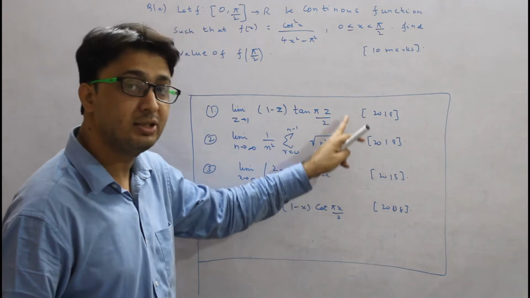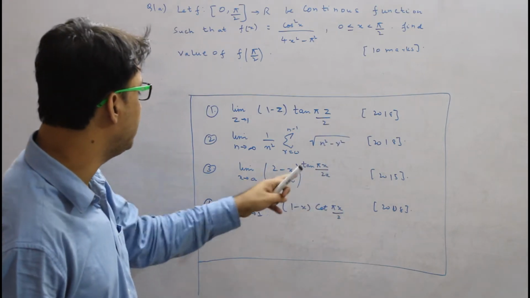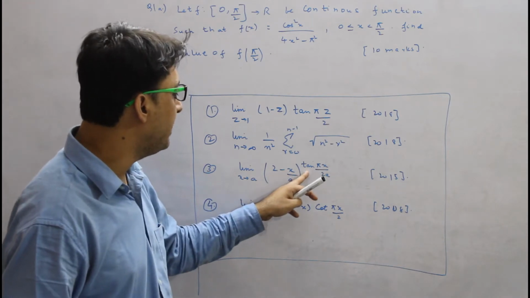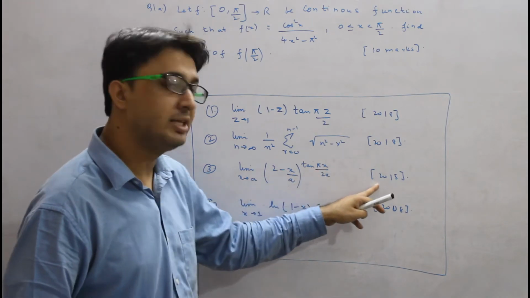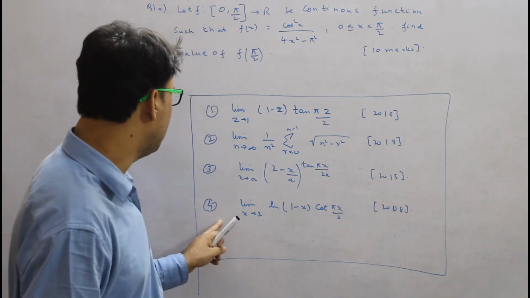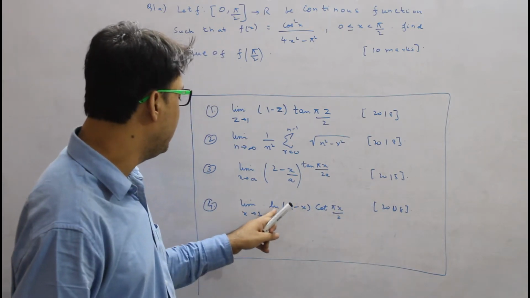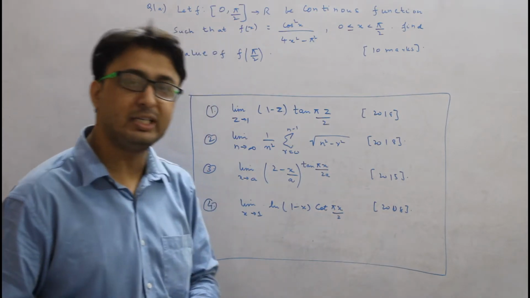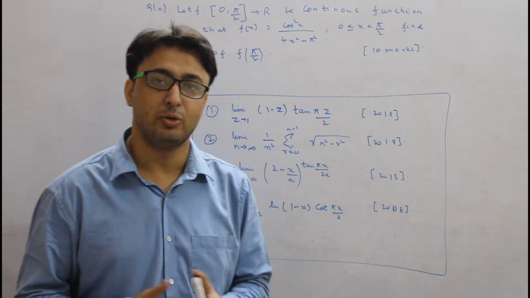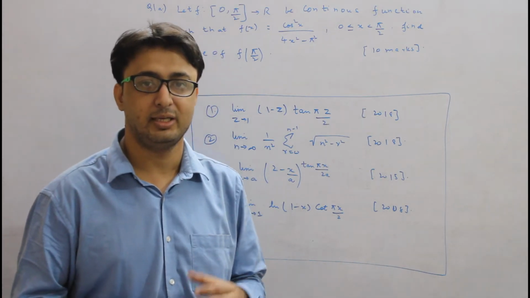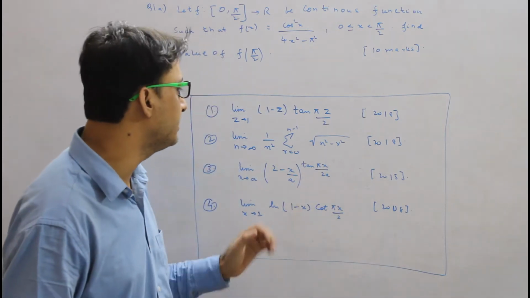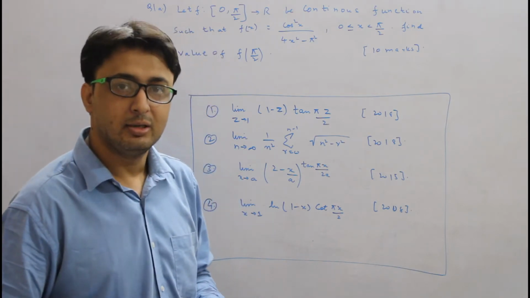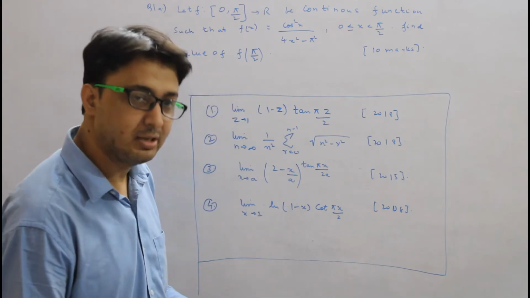These two questions were asked in 2018, and in 2015 limit x tends to a of 2 minus x by a to the power tan pi x by 2a. This was asked in 2015, and in 2018 limit x tends to a of ln 1 minus x cot pi x by 2. The point I am trying to make is that if you know the syllabus and the areas, they definitely ask, and if you just solve those previous year questions, then we are in a very good position to get easy marks.